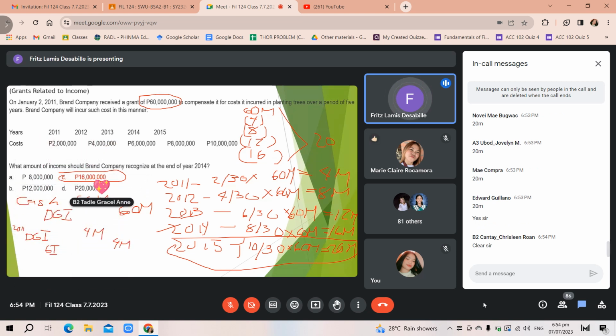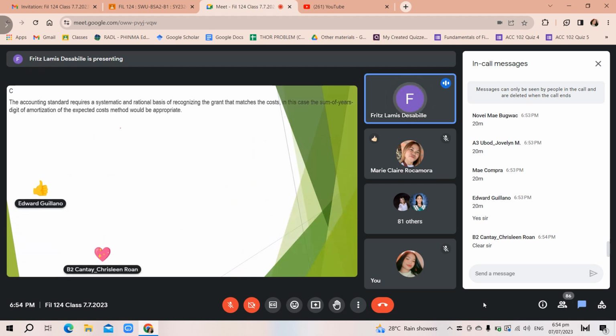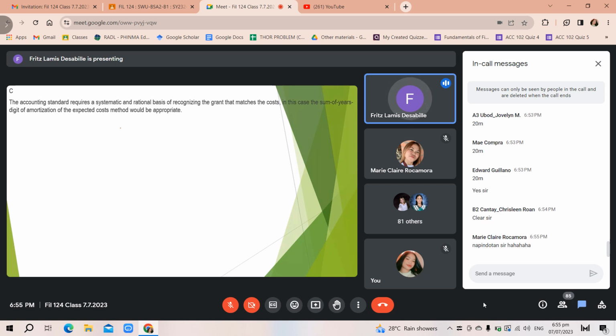Sige, let's continue. Okay, accounting standard requires the accounting standard daw requires a systematic and rational basis of recognizing the grant that matches the cost. So in this case, the sum of years digit. Okay. So tawag day ana is sum of years digits.